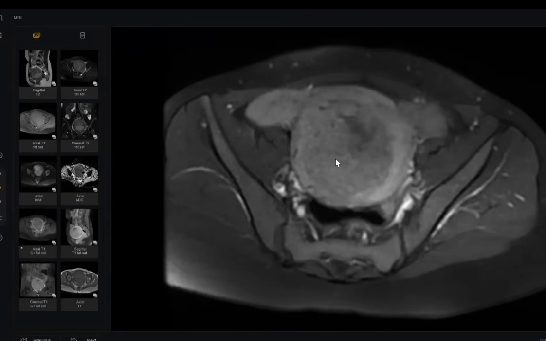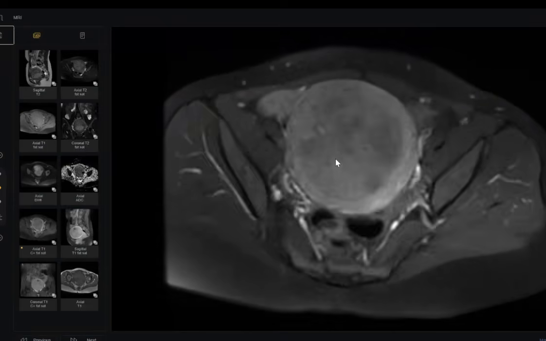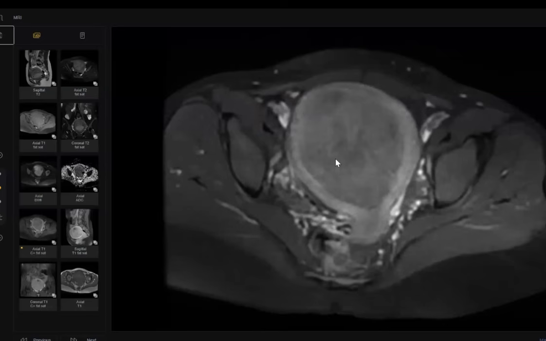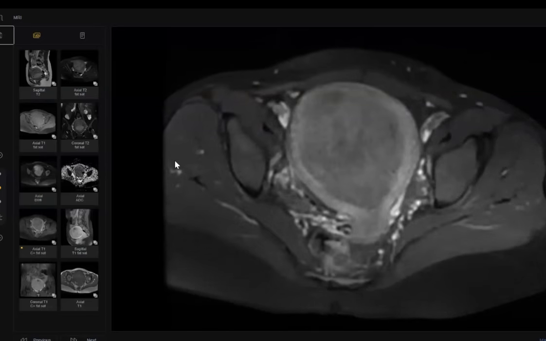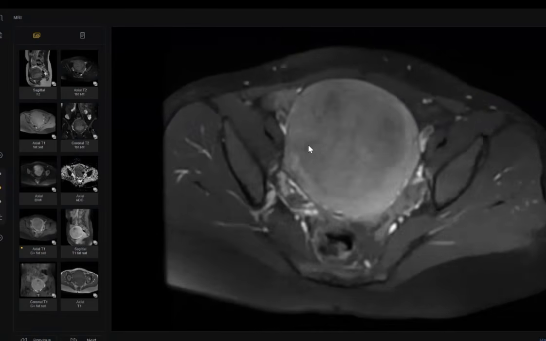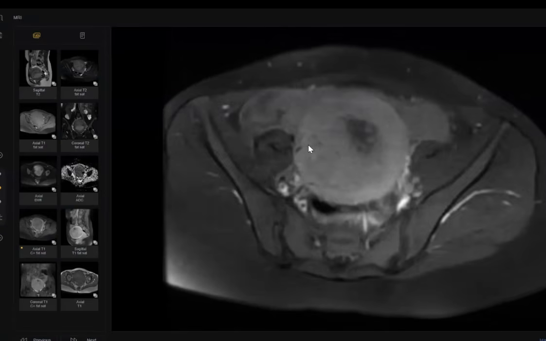So I will put sarcoma, endometrial sarcoma, or any other sarcomatous lesion, like leiomyosarcoma with endocavitary projection, as number two. Okay, what is your next step? Gynecology MDT for biopsy, for further assessment, surgical treatment, chemo, whatever.